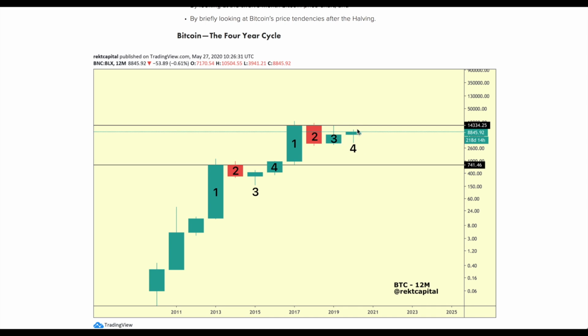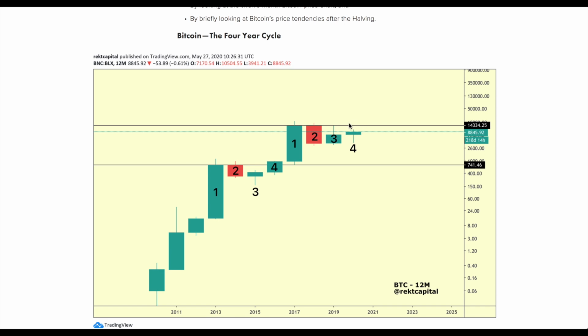So a close at the end of 2020, 31st of December to midnight of the 1st of January of 2021. This is where we really need to see Bitcoin close above 14,300 for this 4-year cycle to be valid and precede an exponential rally in the form of phase 1 of the new 4-year cycle, which would actually take us to new all-time highs, because every time we have a phase 1, we rally to new all-time highs when it comes to Bitcoin's price action.